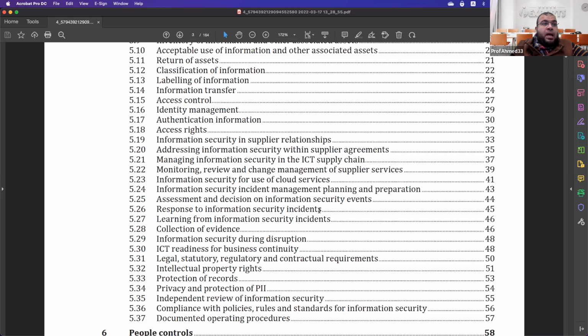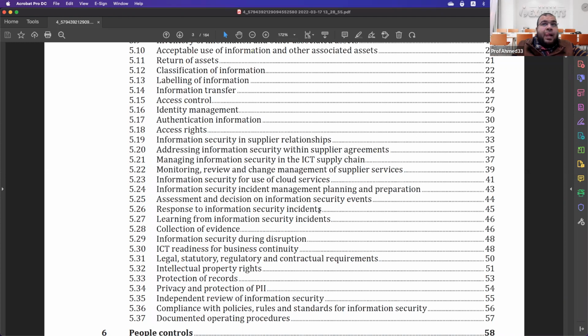Assessment and decisions on information security events, which means that you must make an analysis of these events, which means that you must have a SIEM solution that makes analysis against these logs. Response to information security incidents, learning from information security incidents, collecting the evidence, some forensics that will start directly after the incident management.